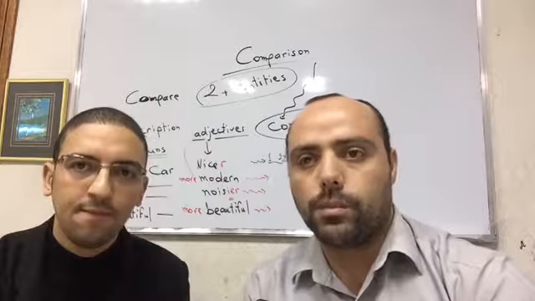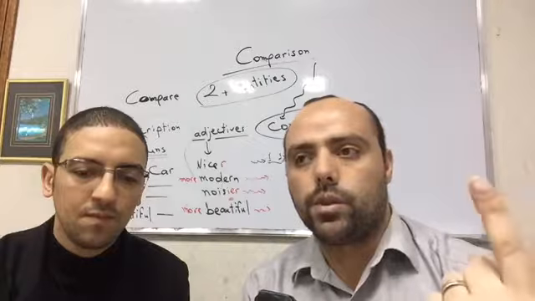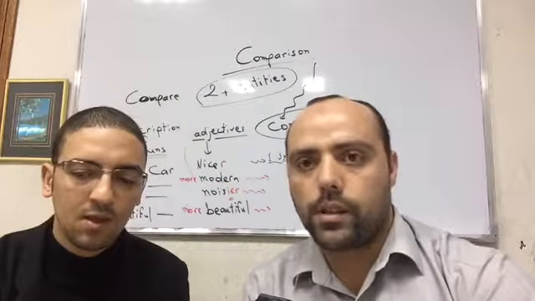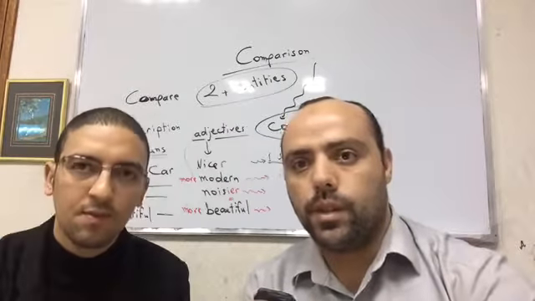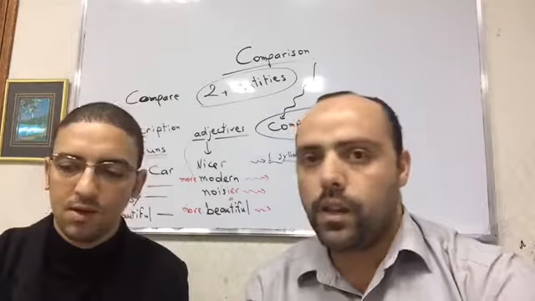For example, there's only one student named Ahmed in the class, and I'm going to compare Ahmed and the whole class. The whole class is more than one, so I'm going to compare a person to a group. So that's what we mean by the superlative.